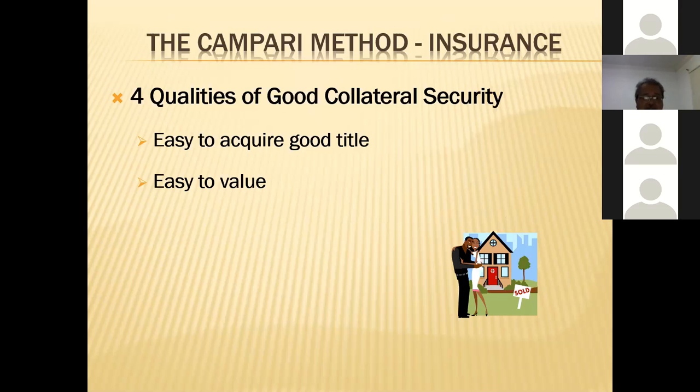So normally you'll find that for shares, bonds and stock certificates, financial institutions, for the most part, tend to stay away from taking them, or they use very little of the value. So, for example, if a stock is worth $100, they may say, "Well, we will not use more than 50% of the value of it."